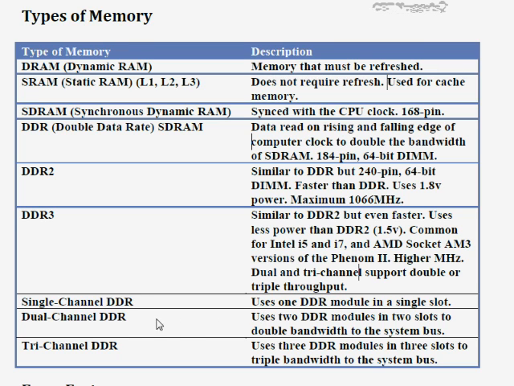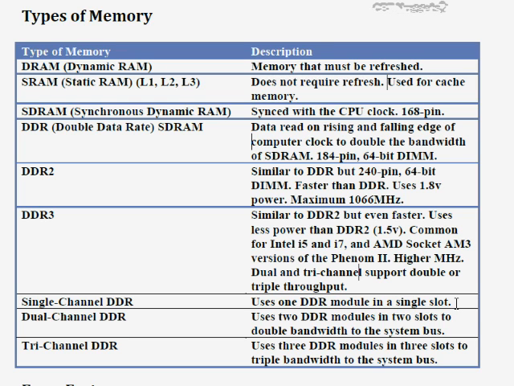What happens with a single-channel DDR is it's going to use one single DDR module, okay, just one, in a single slot, and it will use 64 bits of the DIMM, okay? So it's 64 bits in use. Now, this doesn't mean that I can only have a motherboard with one memory slot on it. There's not really many of those around. It could have, let's say, four memory slots on it, and maybe I have two modules installed.